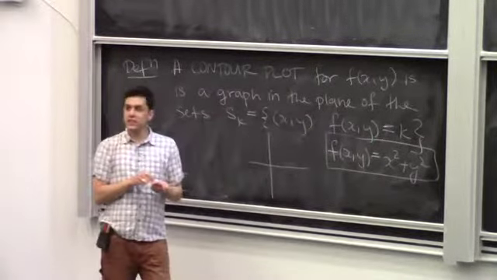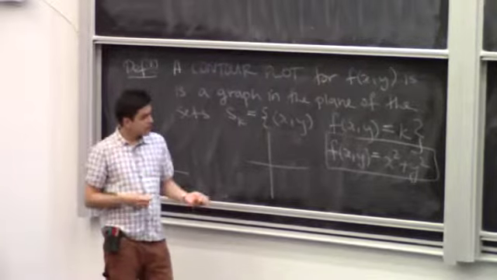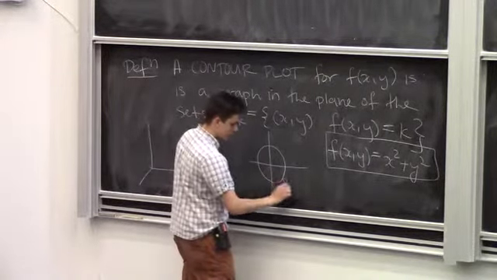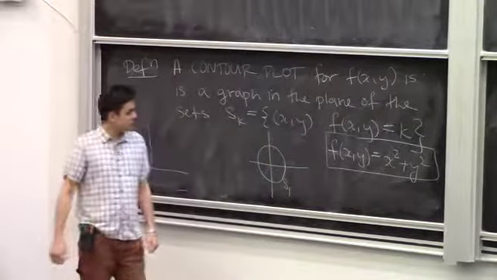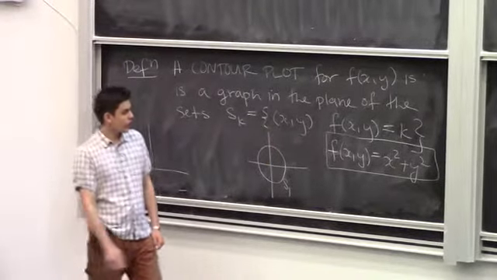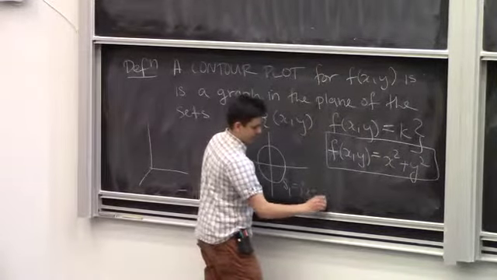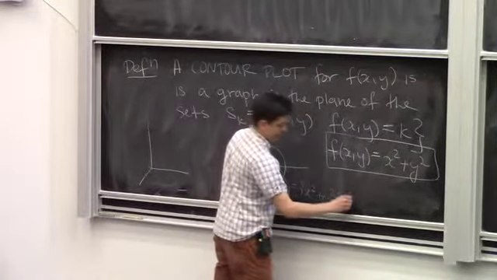Okay, so we're looking at this guy here. So what are the sets S_k? The sets S_k look something like this. Okay, so S1 is all of the guys that add up to 1.